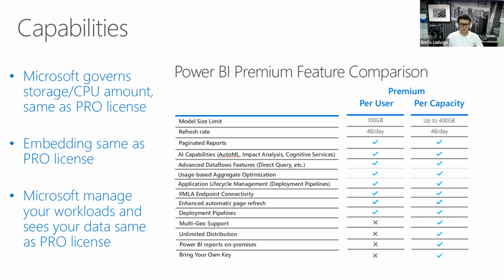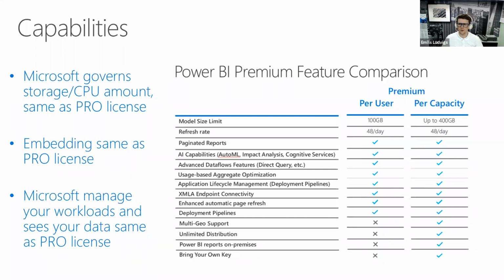What about embedding, which is really important? You can see that the embedding in premium per user is the same as the Pro license. What else? Microsoft manages your workloads and can see your data, as I mentioned before. And the interesting thing is the storage and CPU amount.